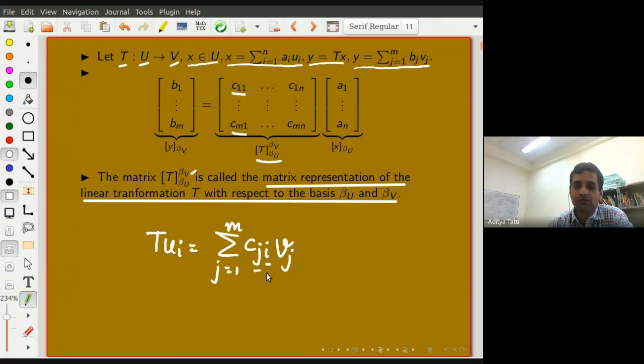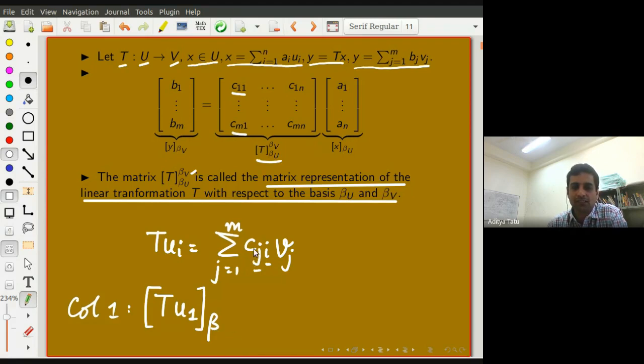So if I want to find the first column, I must keep i equals 1 constant, right? Which means column 1 is basically T U1, represented in the basis beta. That's your first column.